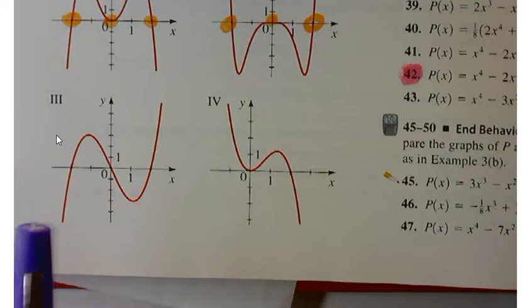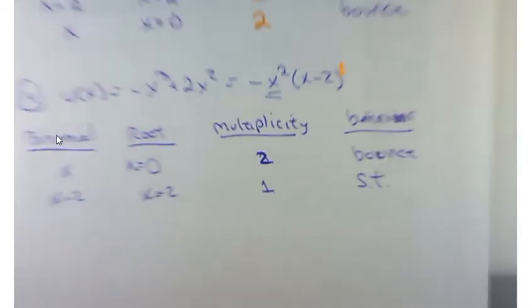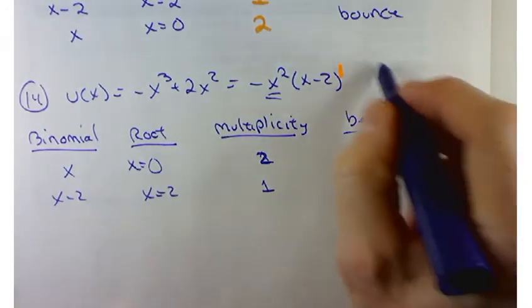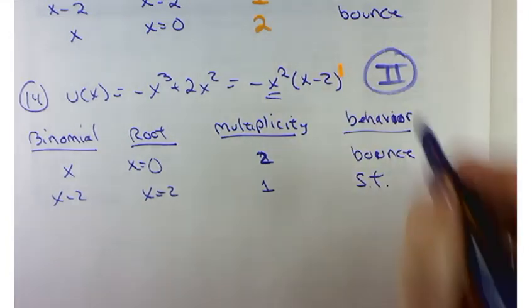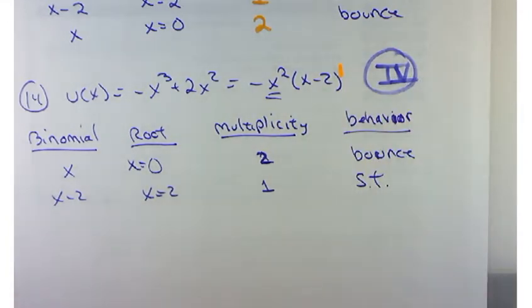It's going to be 3 or 4? Yeah, it's going to be 4 because it has the proper end behavior. Nice. So 4.